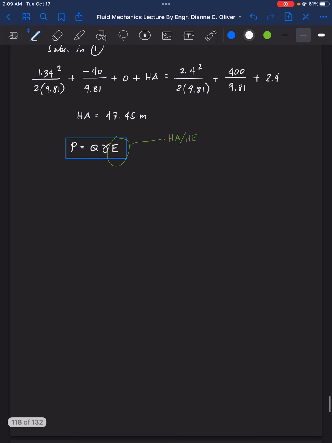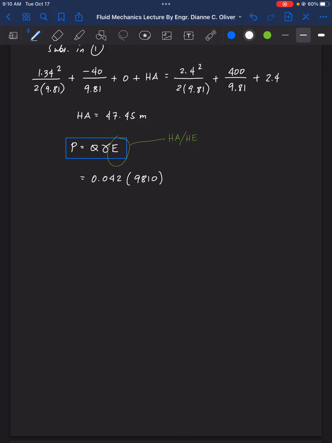Okay, so power is equal to, our Q is 0.042. Our gamma is water. Let's use 9810 Newton per meter cubed. So it is in Newton.